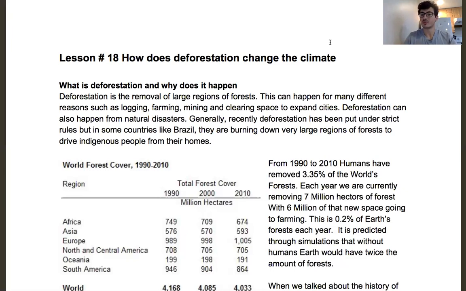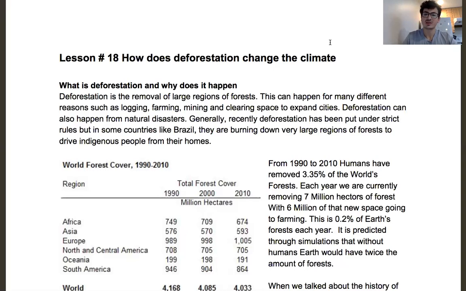That's going to be better farmland over there. So a lot of the time, trees are wiped out almost unnecessarily for more farming land. Sometimes this land goes to cities, but about 60% of the forest we remove goes to farming. Sometimes it's for mining. If we want to get the resources under the forest, we have to clear the forest as well.